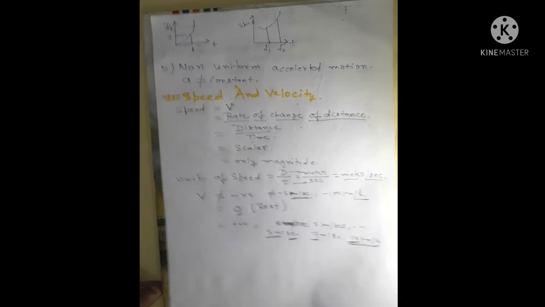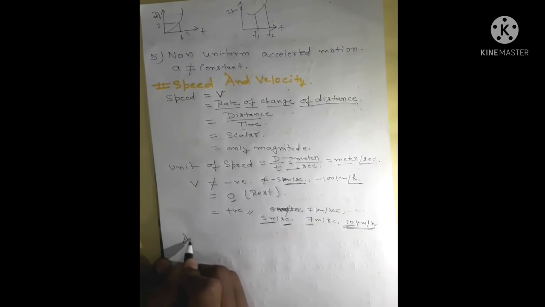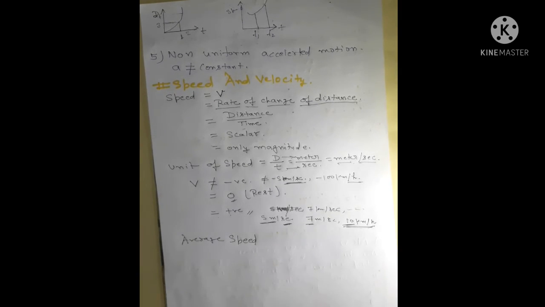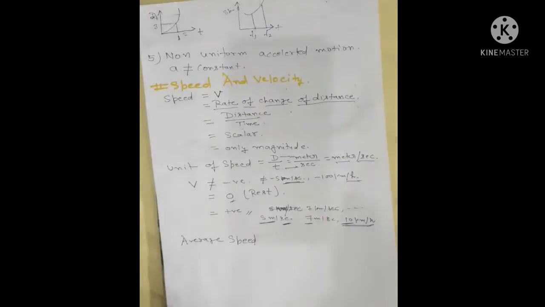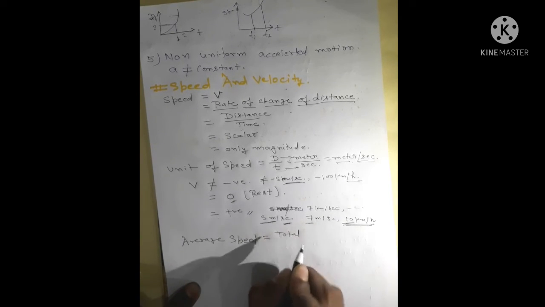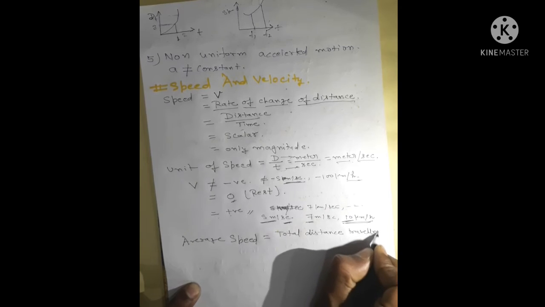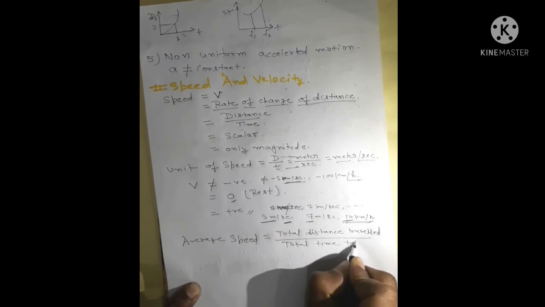Now average speed. Now I am going to define average speed. Average speed is the total distance traveled by the object divided by the total time taken.